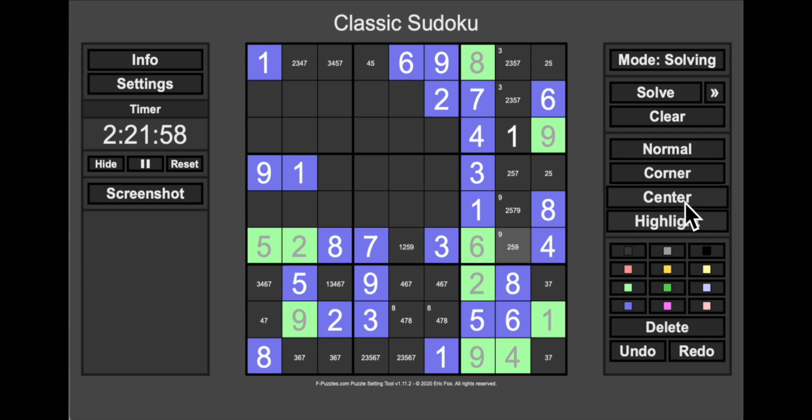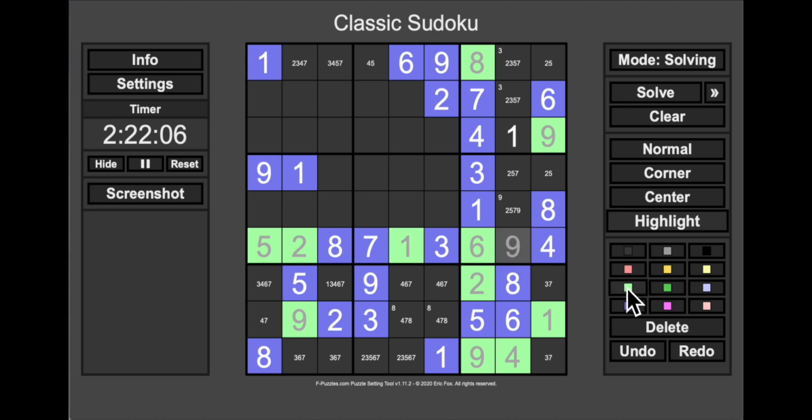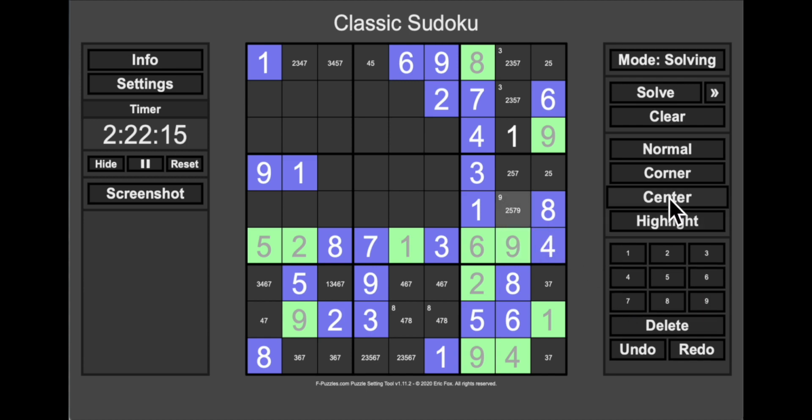Two 5 should make this a 9, right? That should be 9. That should be 1. All I know is this is a 9.